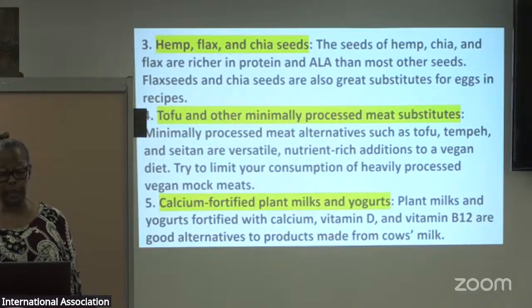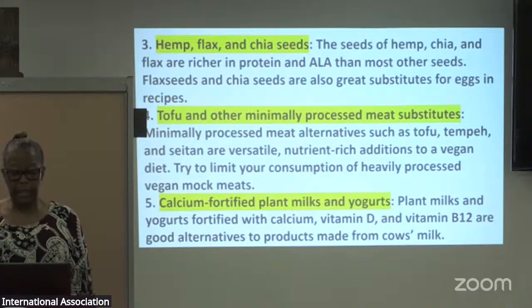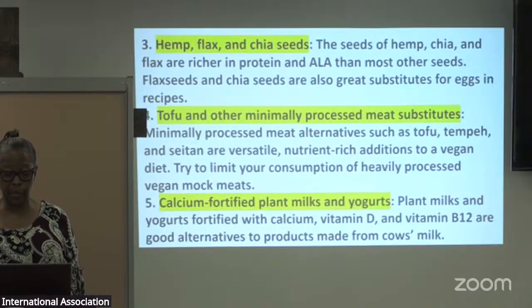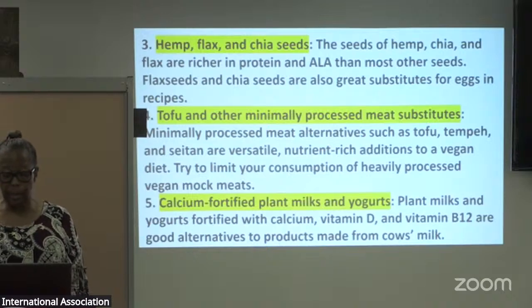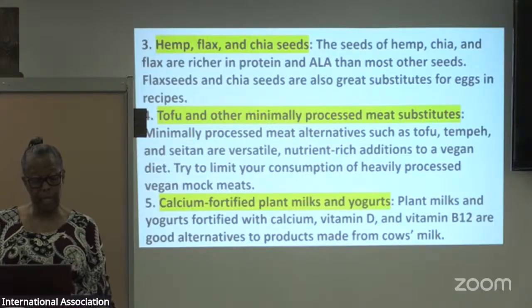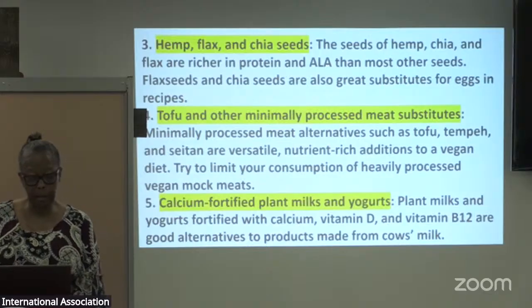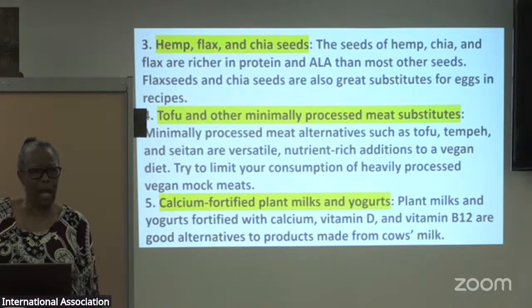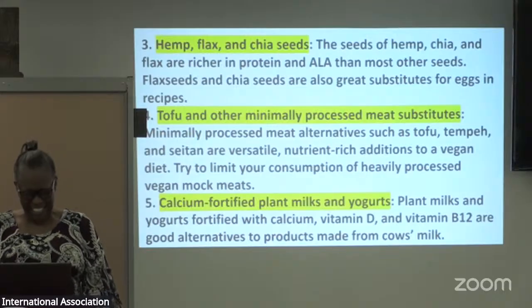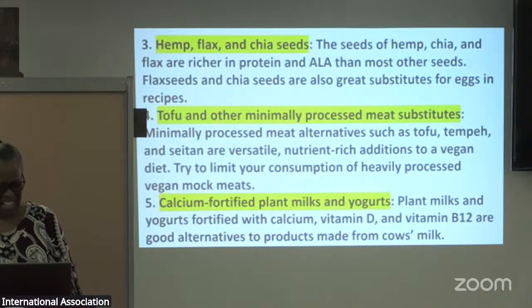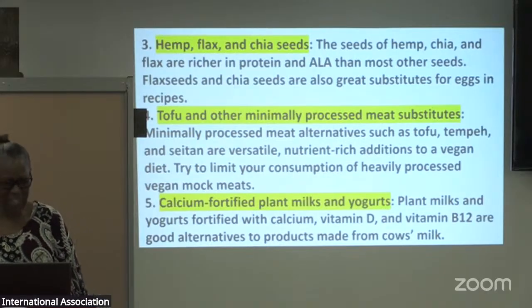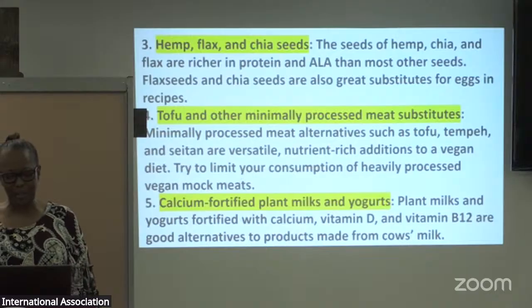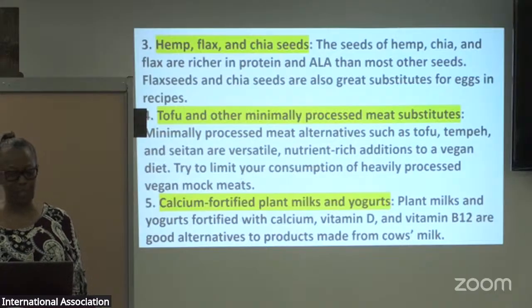Tofu and other minimally processed meat substitutes. Many minimally processed meat alternatives, such as tofu, tempeh, and, I don't know which one that one is, seitan, are versatile, nutrient-rich additions to a vegan diet.